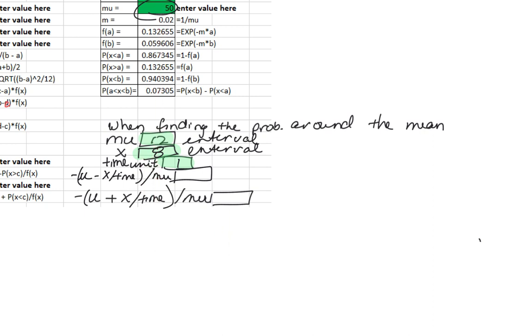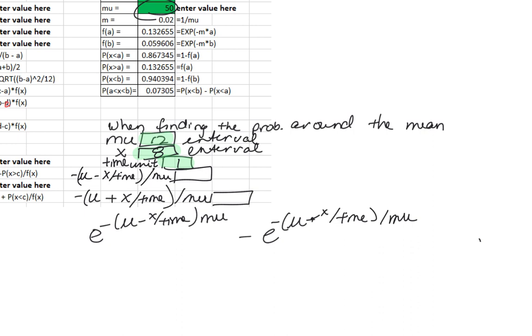And then my last one would have been e raised to the negative mu minus x divided by time, divided by mu, and then minus e raised to the negative mu plus x divided by time, divided by mu.